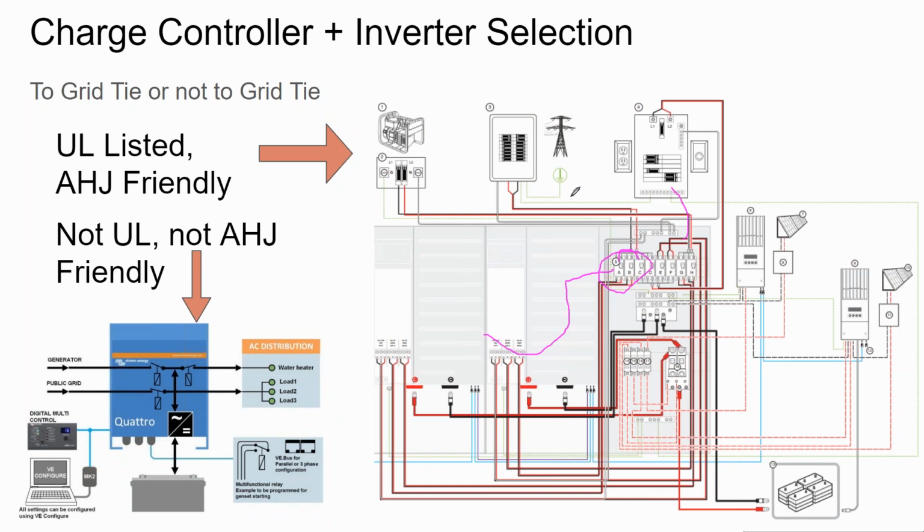A lot of jurisdictions will require you to put an additional knife switch disconnect that's readily accessible between the generator and the grid. What they really want is the ability to walk up to the side of the house and throw a knife switch to turn the solar array off.